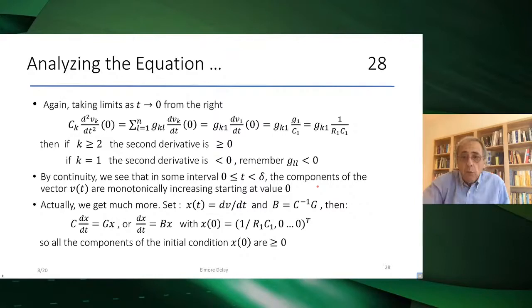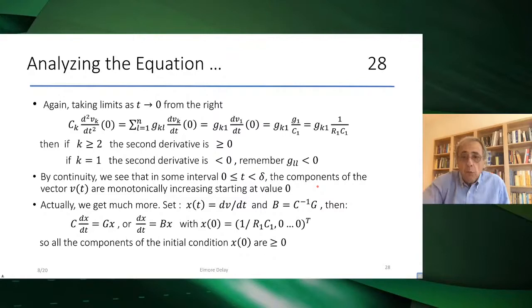But in truth, we have something much more interesting. And this in the classical papers is done in a different way that appeals to a much more complicated theorem. If you remember, the exponential of a real number is always positive. So we can take the exponential of a matrix and try to see whether it is positive or not, meaning are the coordinates of the exponential of a matrix positive?